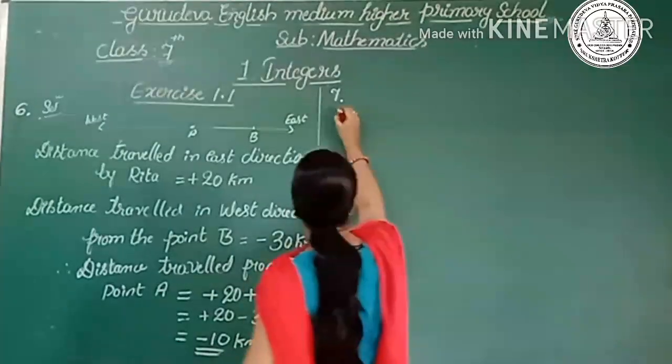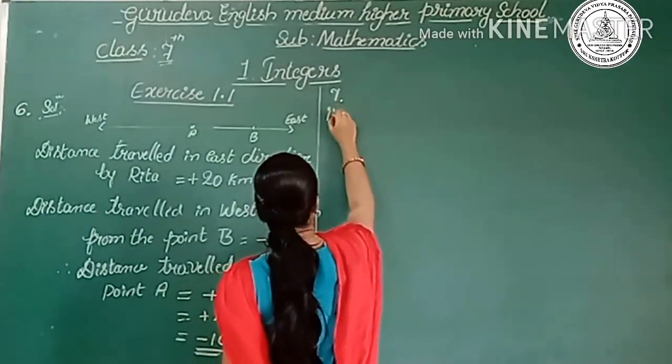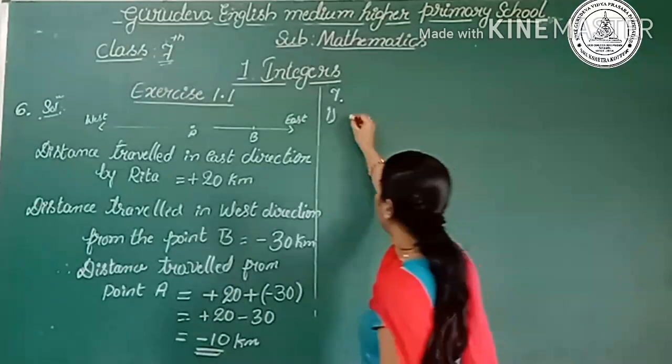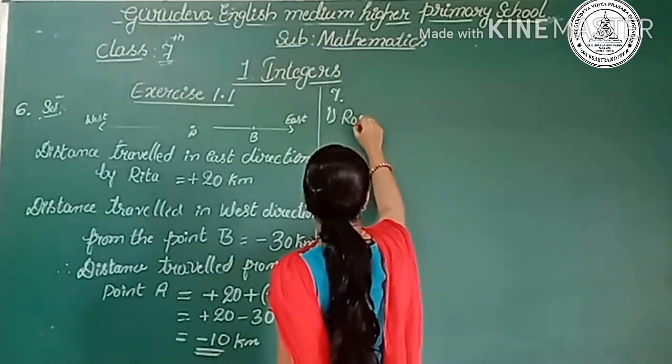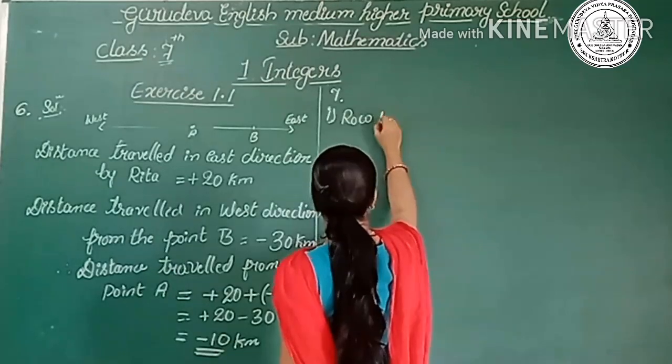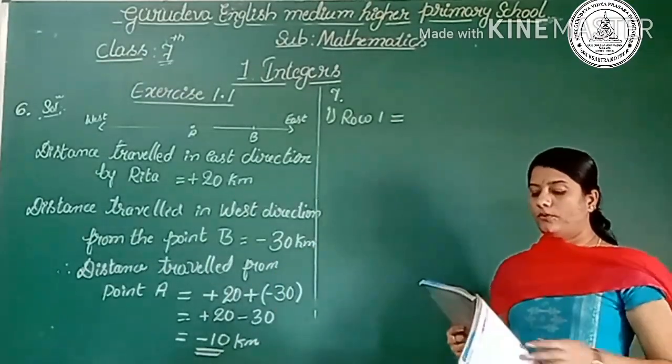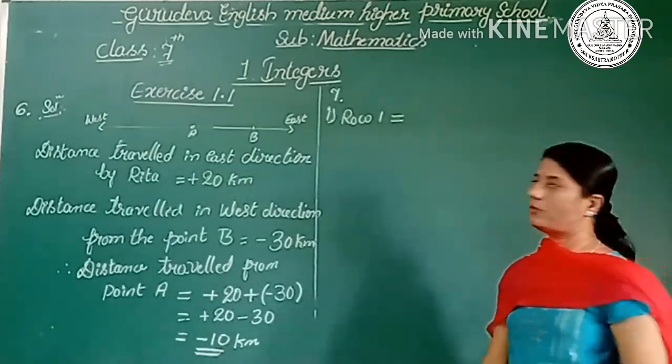Then let's find out here the first magic square. So in the solution, first magic square. Let's take the first row, row 1. In row 1 they have given 5, minus 1, minus 4.